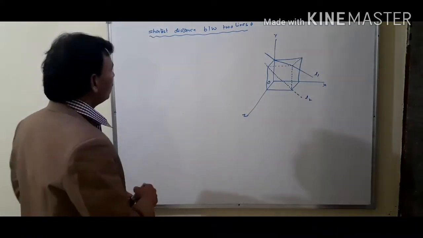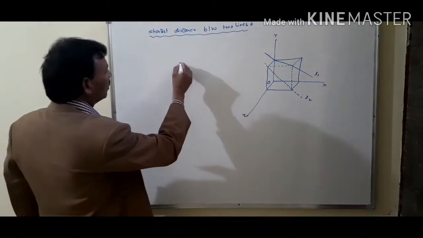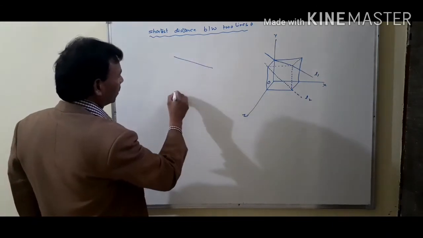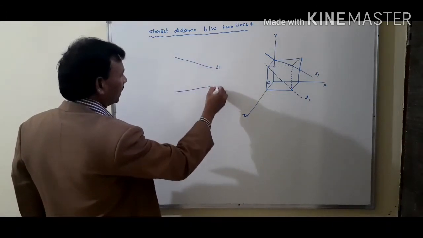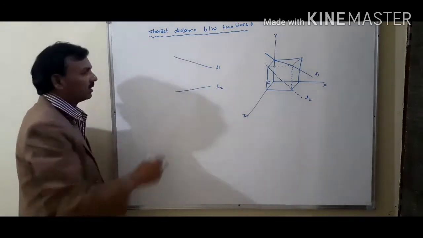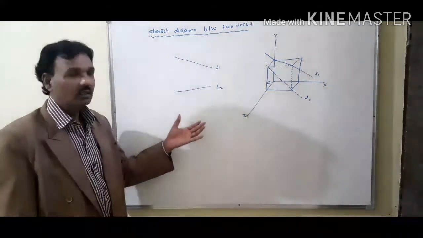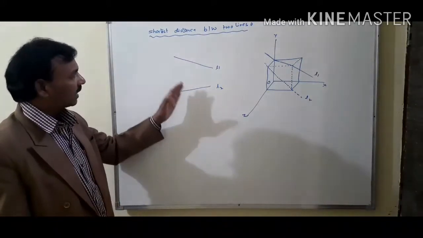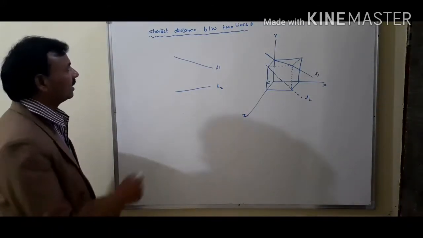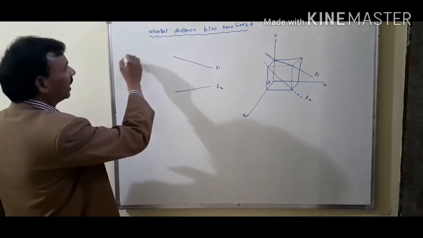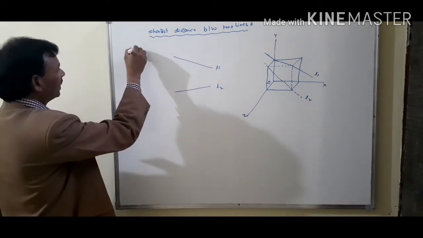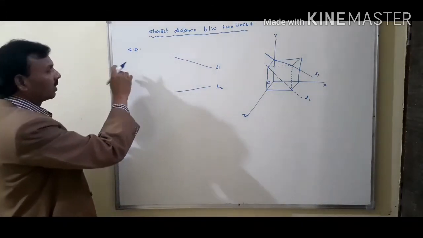Now, if we draw two lines like this, suppose this is L1 and this is L2, both lines do not intersect each other and both lines are not parallel in a space, then this type of lines is known as skew lines. That means we want to find the shortest distance, SD. SD means shortest distance.